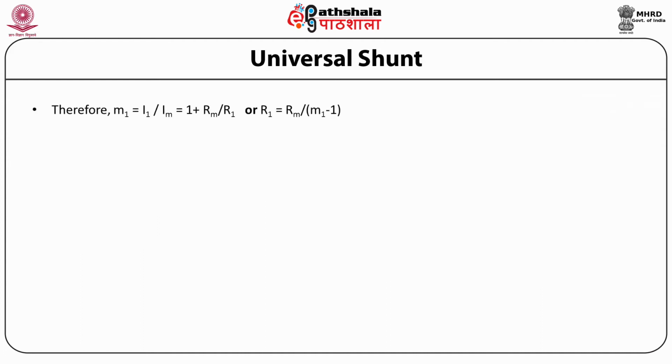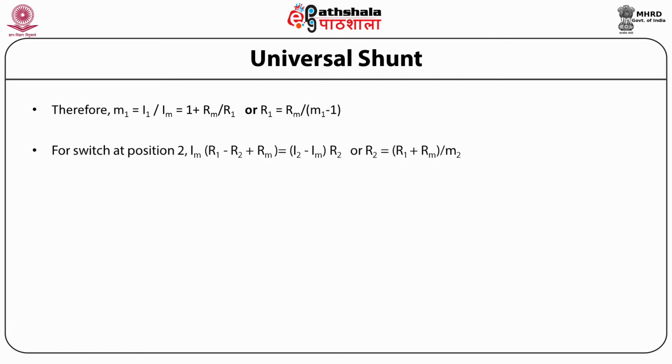Therefore, M1 is equal to I1 by Im, which is equal to 1 plus Rm by R1, or R1 is equal to Rm by (M1 minus 1).